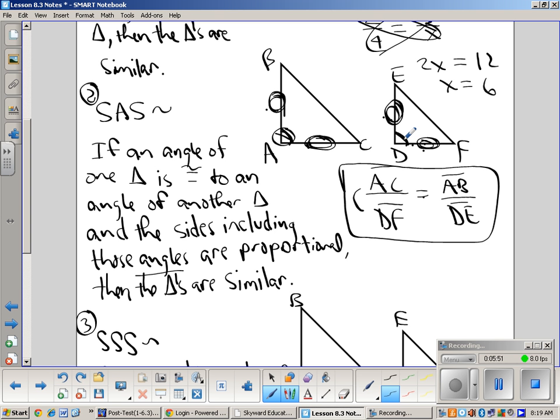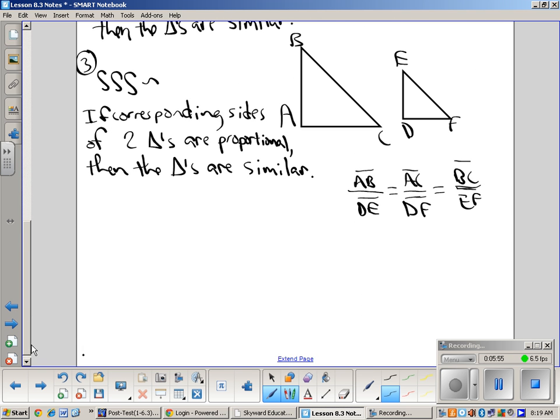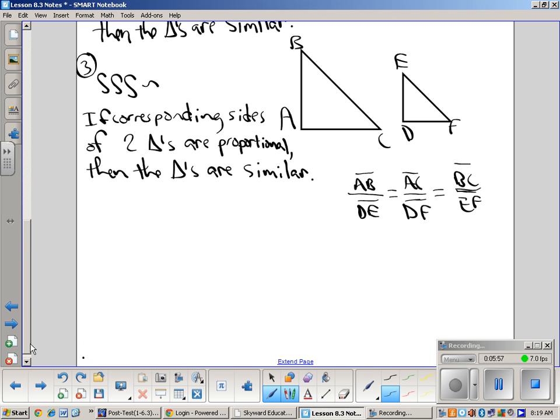And the third one says if all three sides are proportional. If corresponding sides of two triangles are proportional, then the triangles are similar. Just having two sides is not enough. If I have only two sides, then I have to know the angle between them.